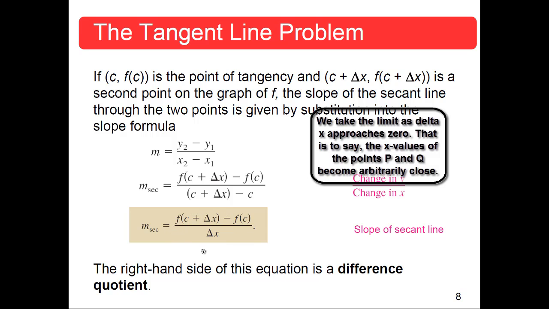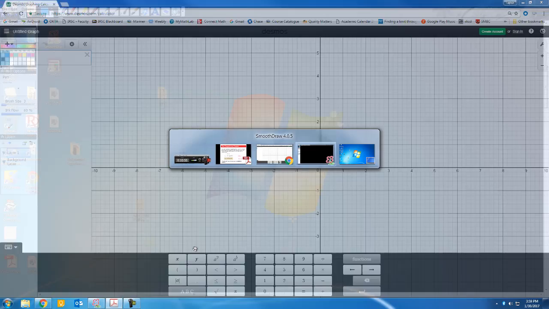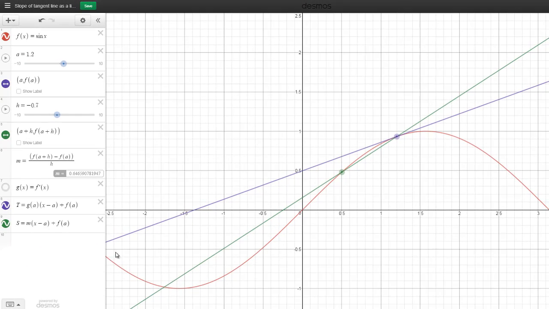Because if you recall, let's take a look, just to refresh everybody's memory. So let's think about this. Here we have a curve. This curve right here is f of x equals sine x. Now let me show you the tangent line at this point right here.